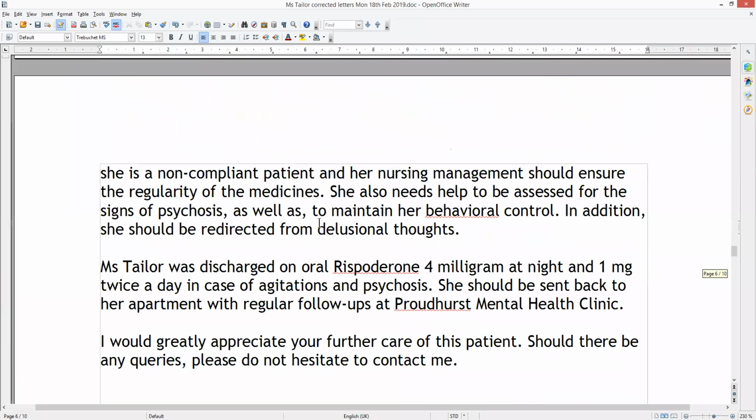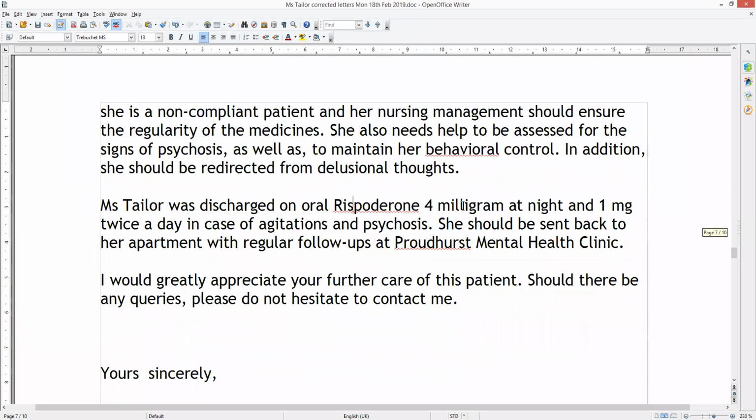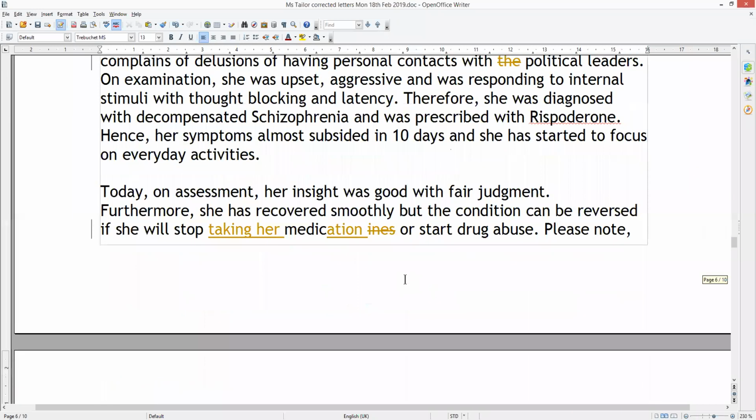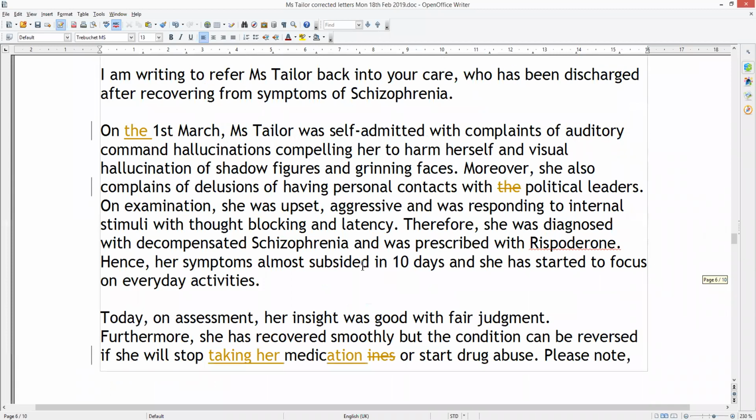Please note, non-compliant. Well, you can use that, but we're not supposed to use it now. Non-adherent. Nursing management should ensure regulated medicine to help the assess signs, psychosis and control and individual thoughts. That isn't bad either. But again, you don't really say much about the alcohol or Coke.